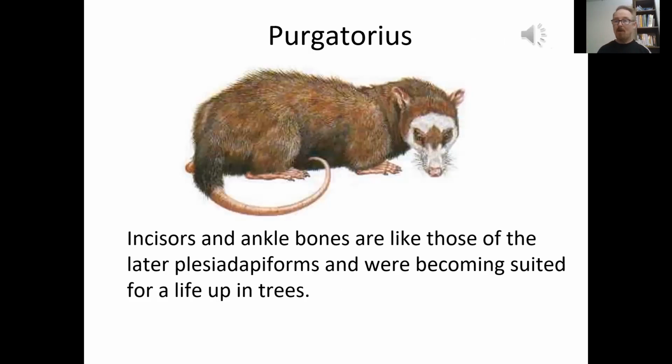Now, the trees at this period of time, and this is a picture of Purgatorius here, were flowering plants. Many of them were flowering plants. The new flowering plants, called angiosperms, were evolving at this time. Previous to 150 million years ago, the world never saw a flowering plant. All the plants were different sorts of varieties, such as gymnosperms, which did not have flowers, only brown and green colors. Now, by the time Purgatorius is coming along, we're seeing fruiting trees, small fruits with flowers.